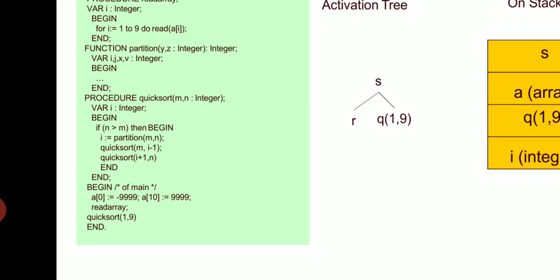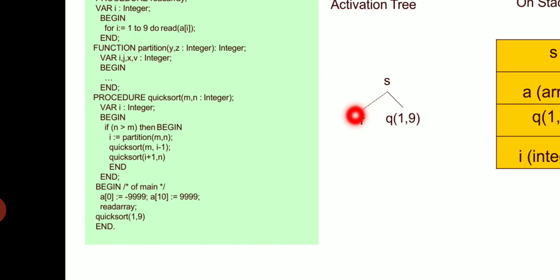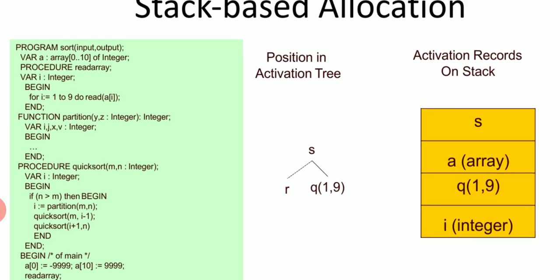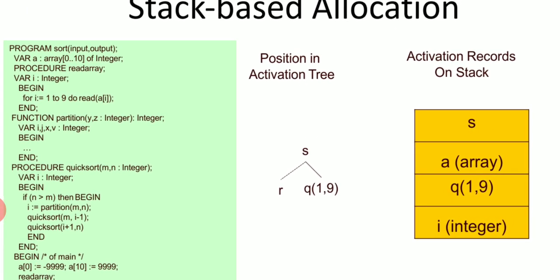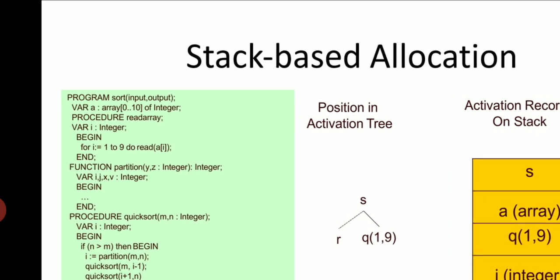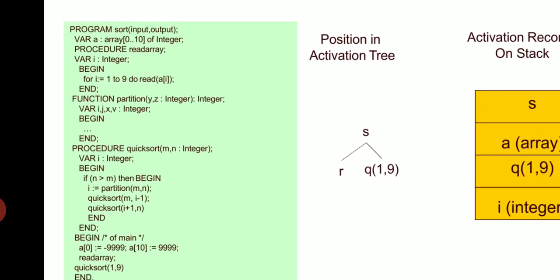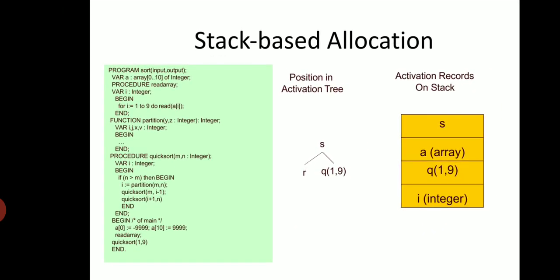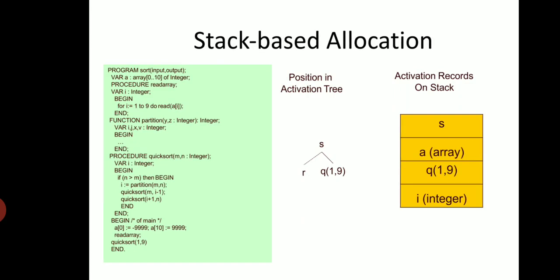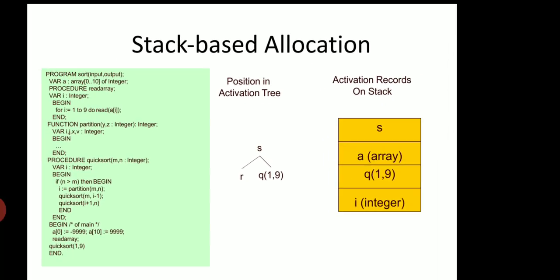Then after that execution is over, it will be replaced with the quicksort(1, 9) activation record on the stack and its position in the activation tree. This was already discussed in the previous slide. So we can code the same here also, because the procedure activations are always stored on the stack.